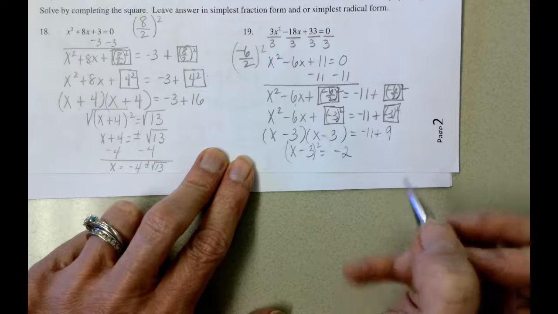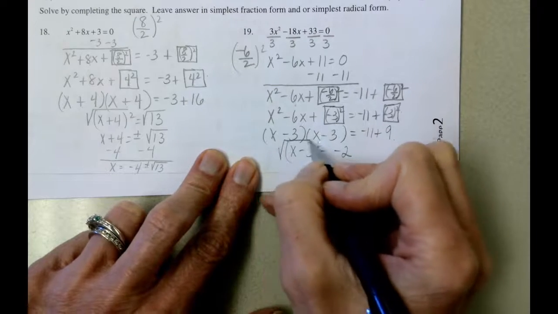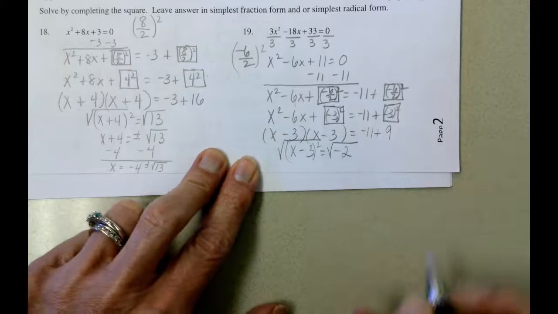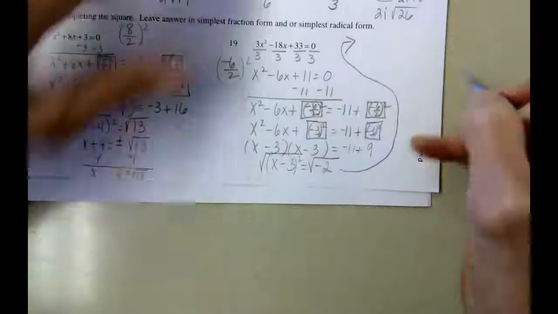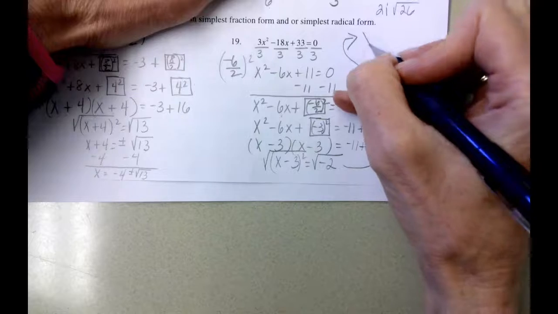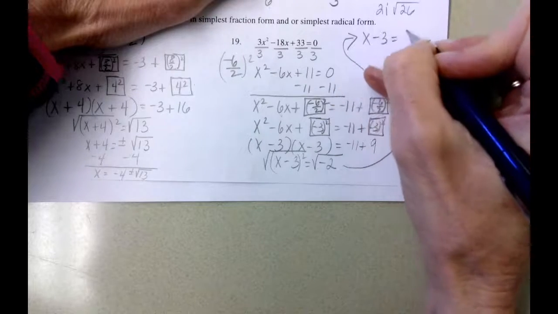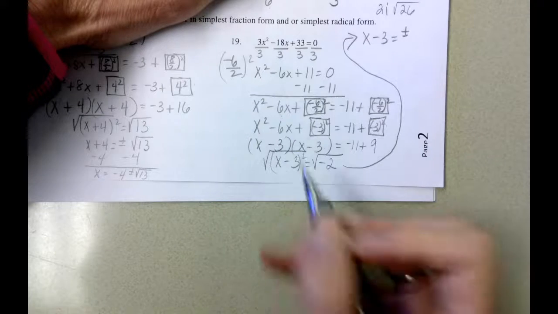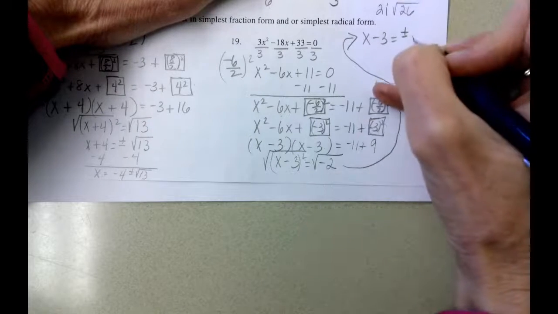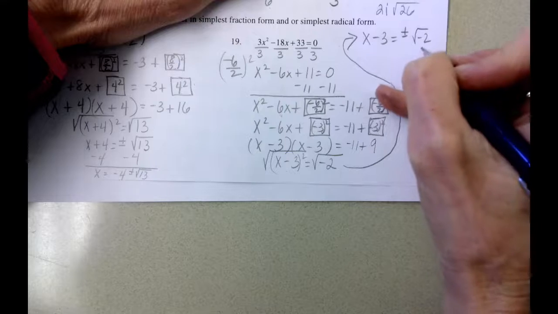And take the square root of both sides to undo the squaring. I'm running out of room here, but I'm going to go all the way up here. We get x minus 3 equals plus or minus. We took the square root of squaring, inverse operations. Then we've got the square root of negative 2.